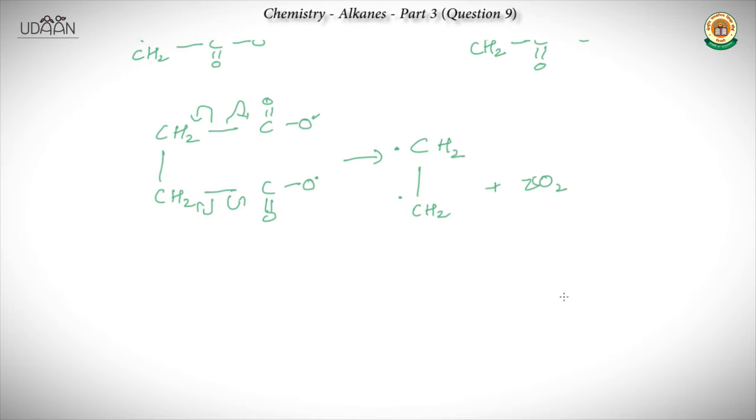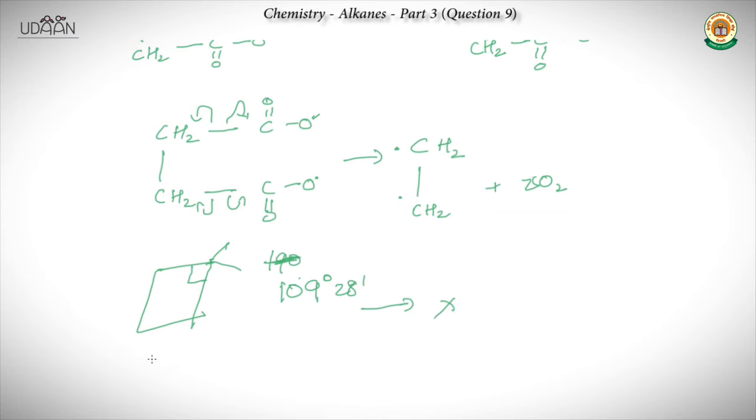Is that possible, Gopi? No, that is not possible, because if you remember, the carbon atom in that compound is sp3 hybridized, and the bond angle should be 109 degrees 28 minutes. But if you see here, the bond angle is 90 degrees. As a result of it, there is a lot of angle strain, so this compound won't form.